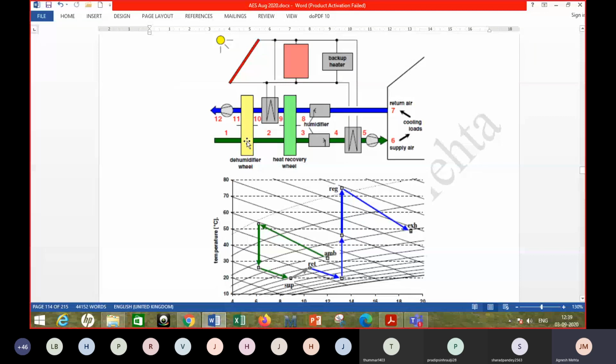It slowly goes into this part. It is exposed to hot air. So hot air takes away the moisture from that, and it is rejected to the ambient. And again, it comes back to this portion. Again, it absorbs the moisture from this stream, right? The supply stream. So that process is shown here.